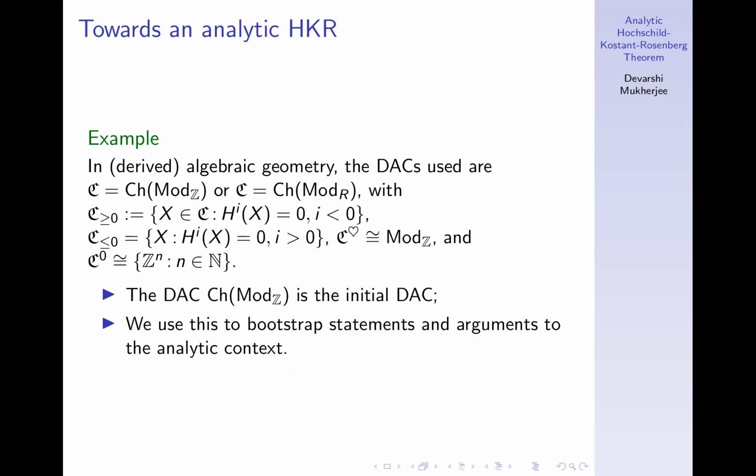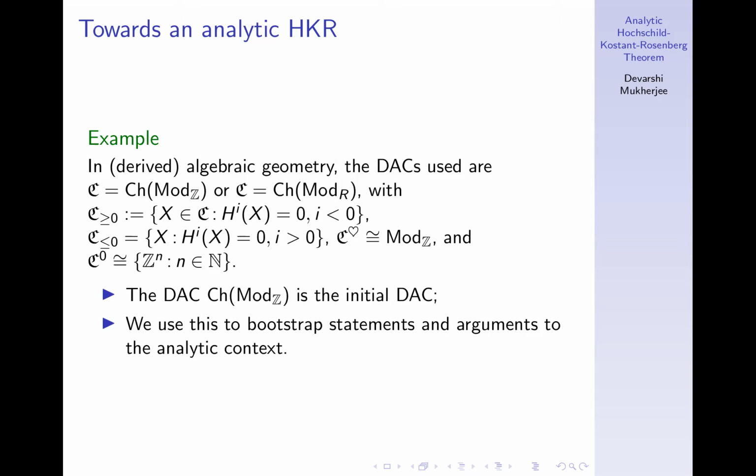Right, so the example which makes things a bit concrete: in the algebraic setting, the derived algebraic context is the category of chain complexes of modules. The positive part of the t-structure is given by complexes which have vanishing cohomology in negative degrees. Similarly, you can talk about the negative part of the t-structure.